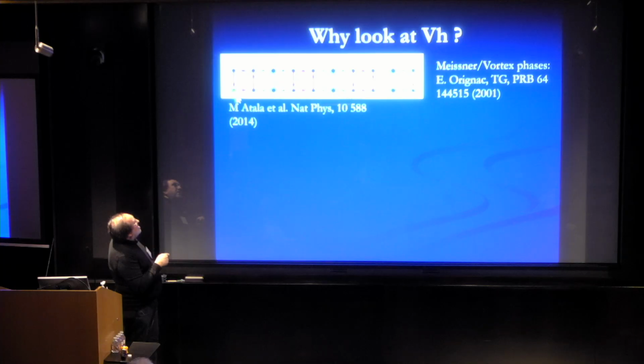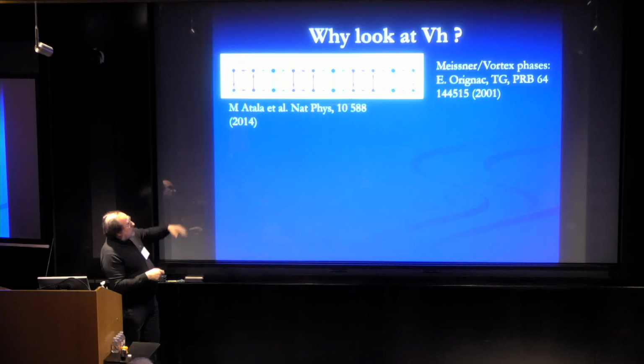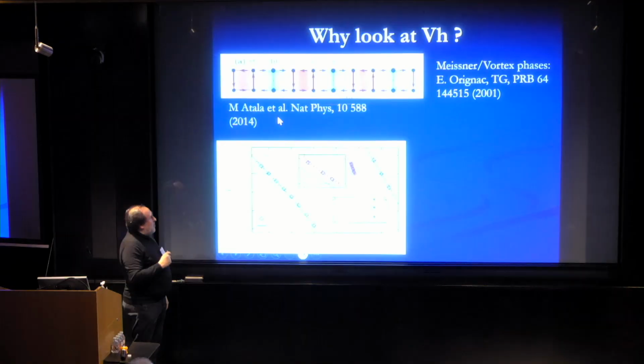And you have here, you see the vortices, the red parts, are parts where there are loops of current that thread the ladder. So you have a quantum phase transition between a Meissner phase and a vortex phase at large field. And you can study this, which is what we did in this paper. And this was observed in this paper.